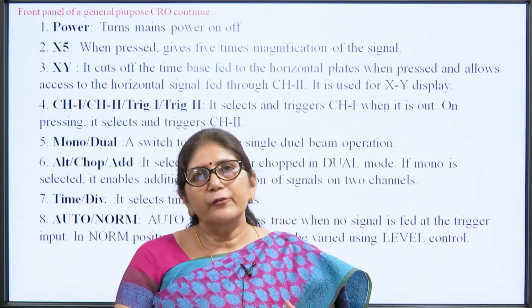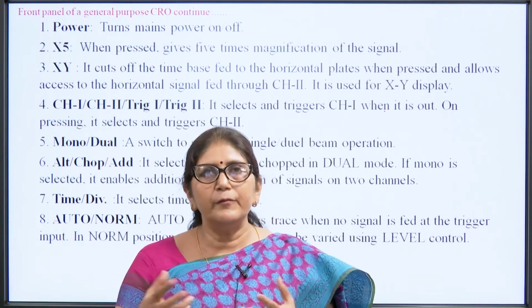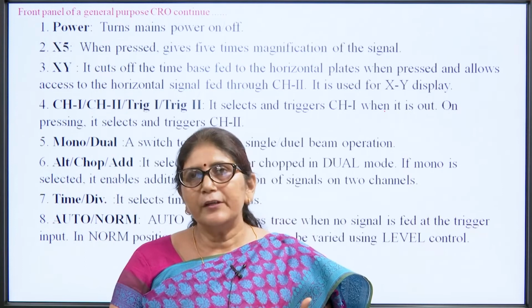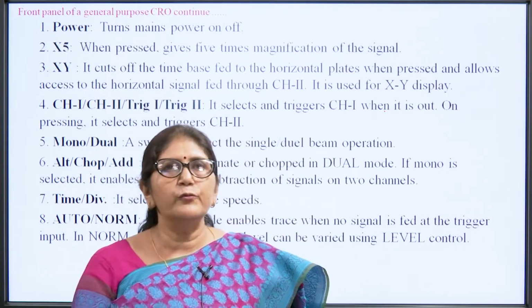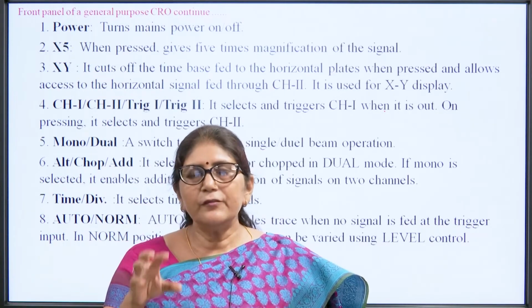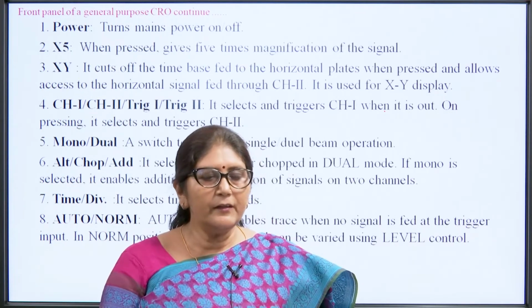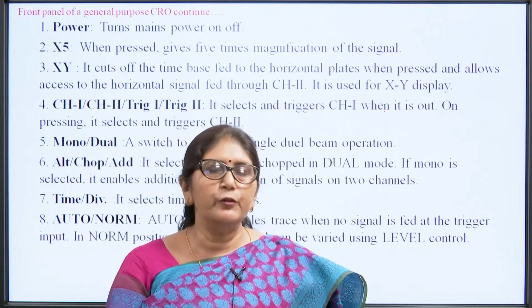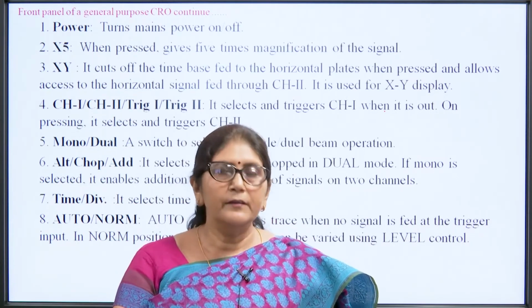Similarly, when we select trigger 1, it will select the triggering of channel 1, and when we select trigger 2, it will trigger channel 2. And mono and dual: when the switch is out, a single channel is considered. When we press it, both channels are simultaneously displayed on the screen.